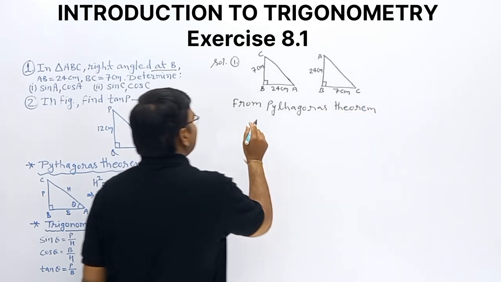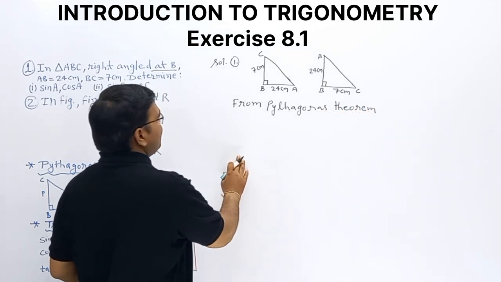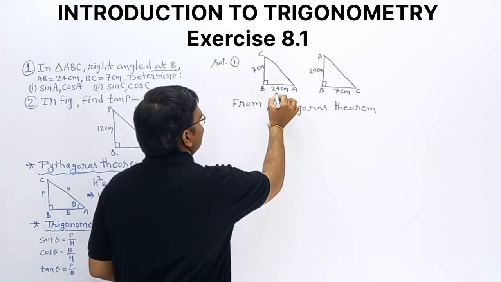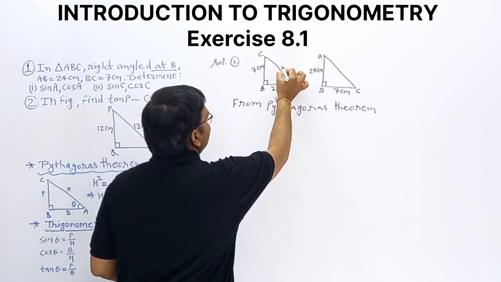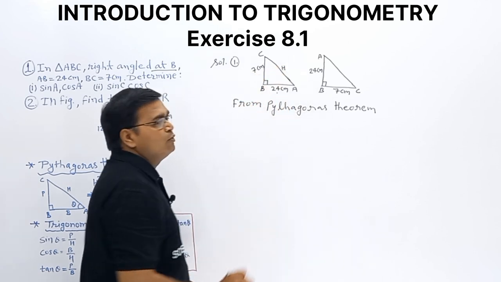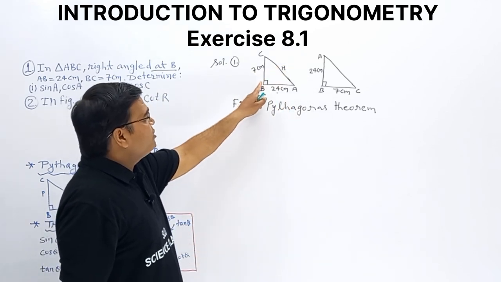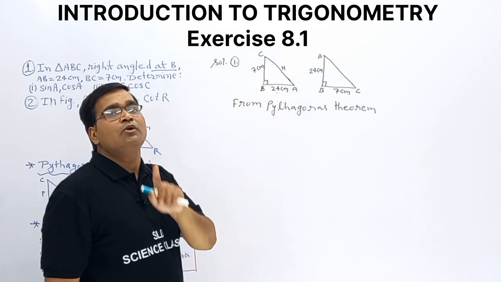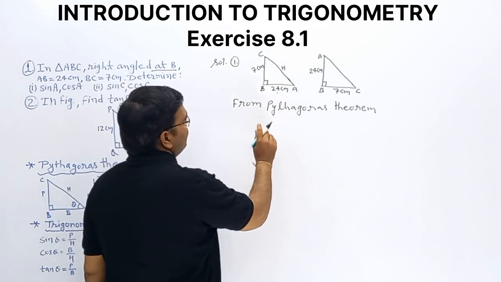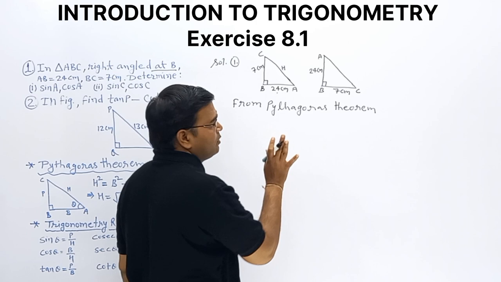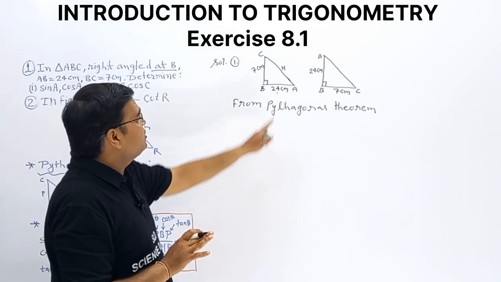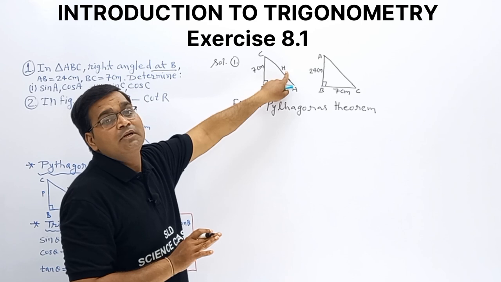What is this theorem? Hypotenuse square. This is base. This is hypotenuse. Opposite of the 90 degree, what side are we having? Hypotenuse. We will consider the acute angle later. Clear? This is the hypotenuse.